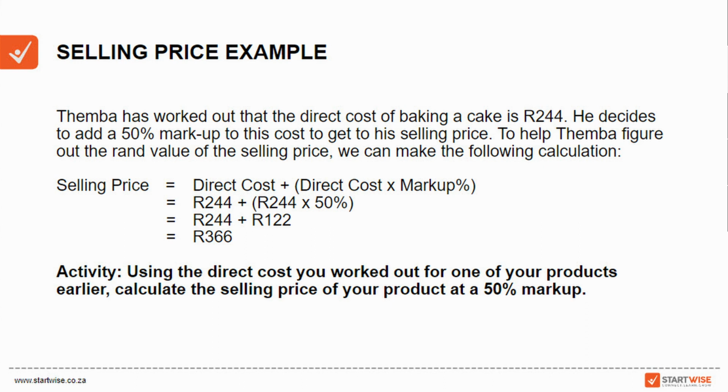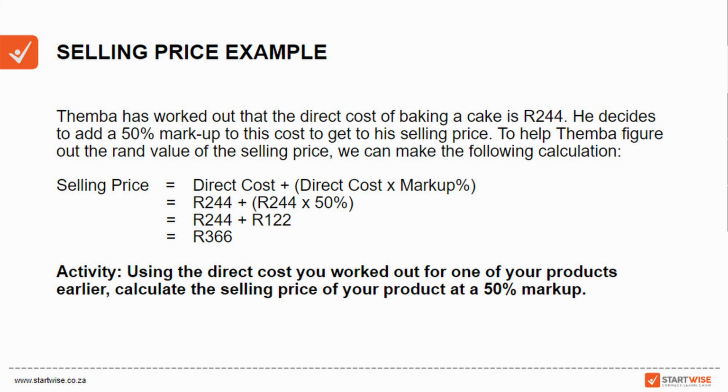If we continue with the baking, Themba worked out that the direct cost of baking his cake is 244 Rand. Given his pricing strategy and the profit he wants to make, he's going to add a 50% markup to his costs to get to his selling price.